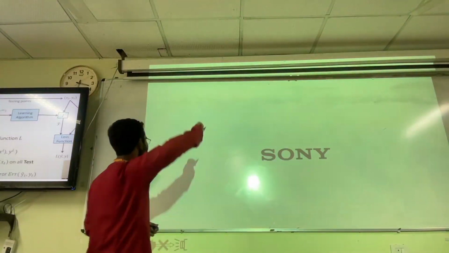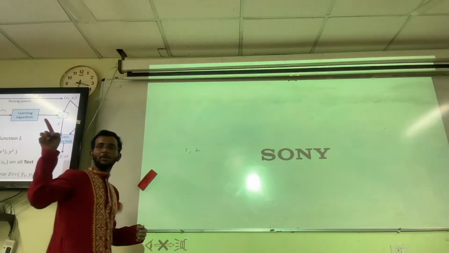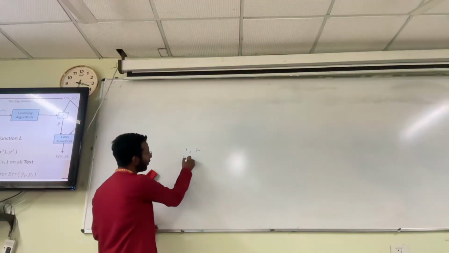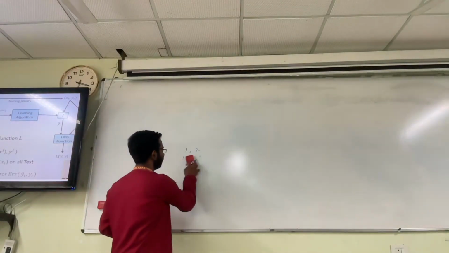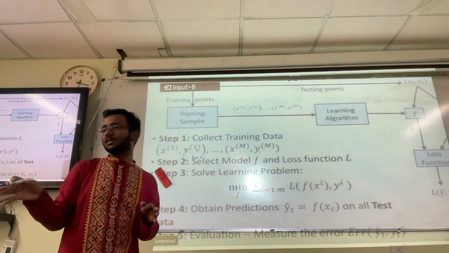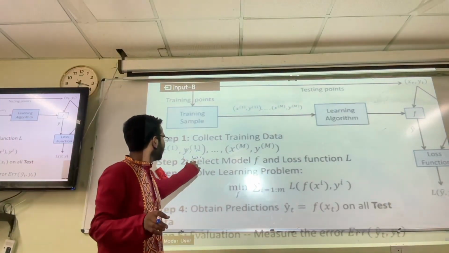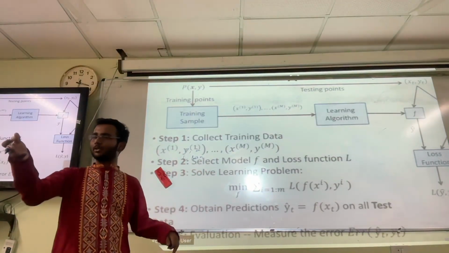Useless items, to be specific, are like this: you have 1 comma 2, the previous example y equals 2. Now you have 1 comma null, or maybe nan. Sometimes due to computer errors or miscalculations these things happen. You have 1 comma 2, fine, but you have 1 comma nan also.